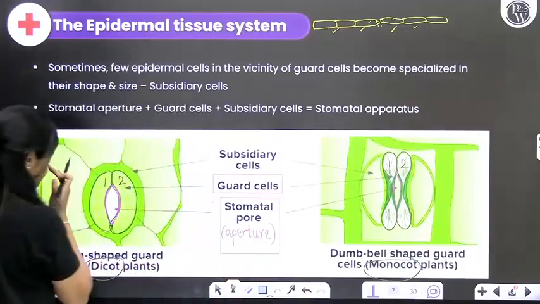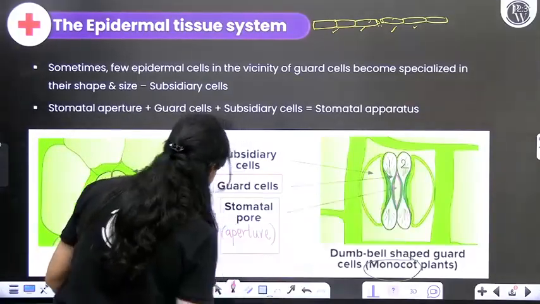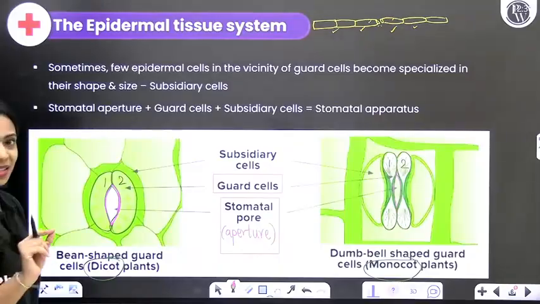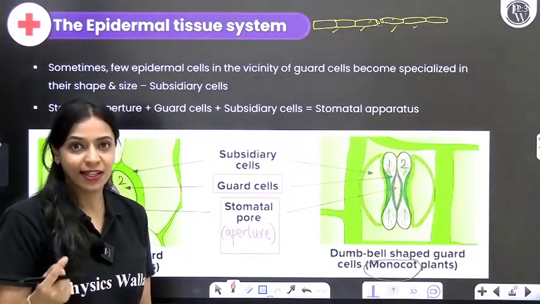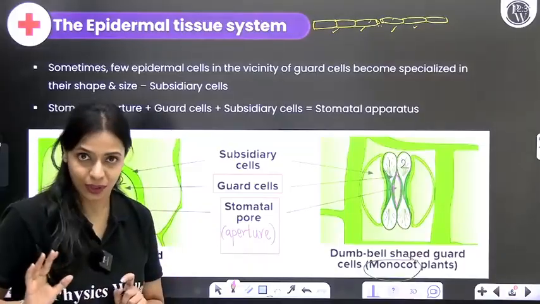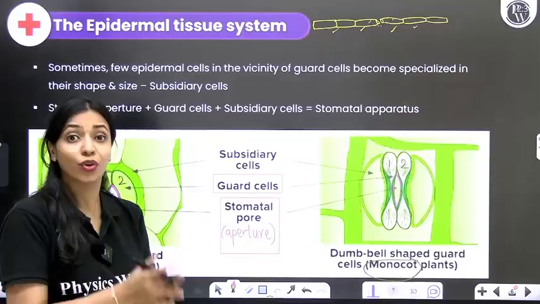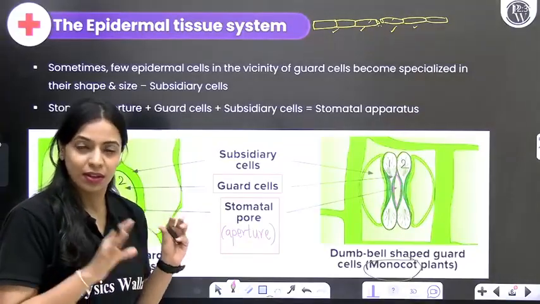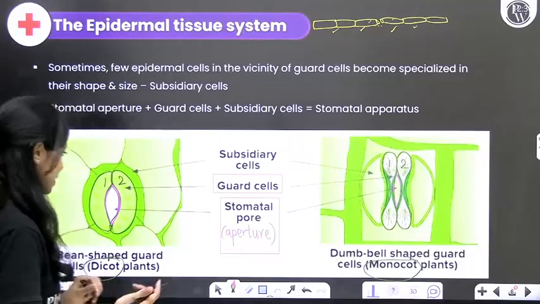Okay, now let's talk about the guard cells. The guard cells, like all plant cells, will have a cell wall, and the cell wall is differentially thickened. That means its thickness is not the same throughout. In certain regions, it's more thick. In certain regions, it's more thin. Okay, so here it is differentially thickened. Where is it more thick? Where is it more thin? Let's see that.